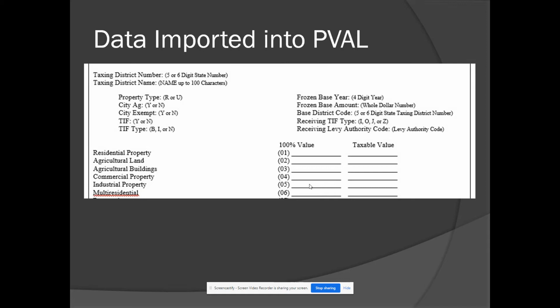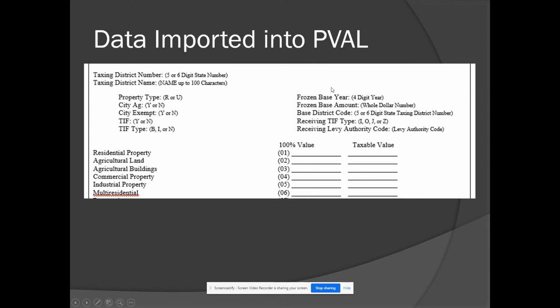So if we look at our tax district recap sheet, this is the kind of data you're going to be importing for each and every tax district. The tax district number, which is a 5 or 6 digit state ID number, tax district name up to 100 characters, the property type, city ag, city exempt, TIF, yes or no, and if it is yes, then TIF type. All the different classes of property, both 100% and taxable value.